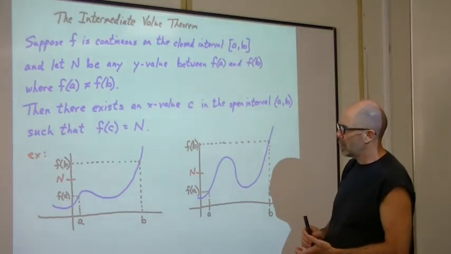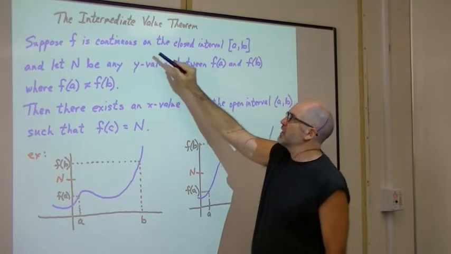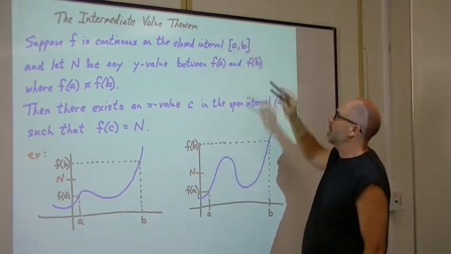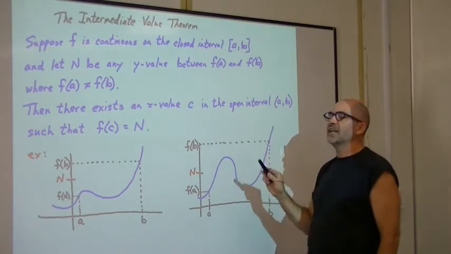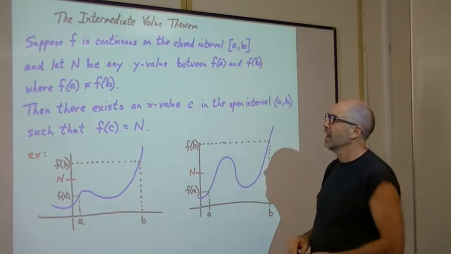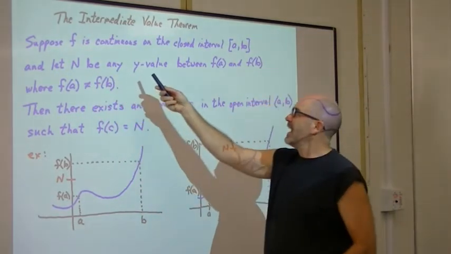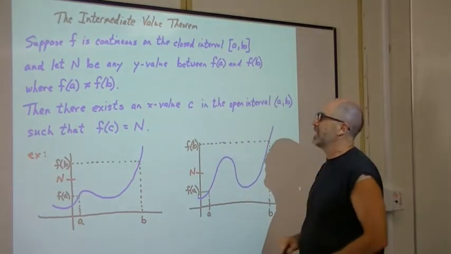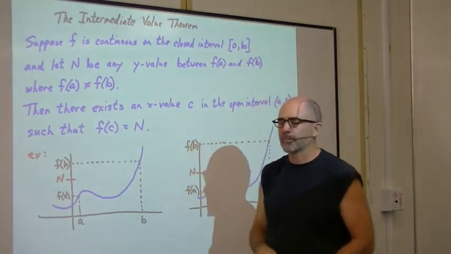Okay, so back to the range. We're supposing that we've got a function that's continuous on some closed interval a to b. So everything from a to b, including a and b, is continuous. And let n be any y value between f of a and f of b, where f of a does not equal f of b.